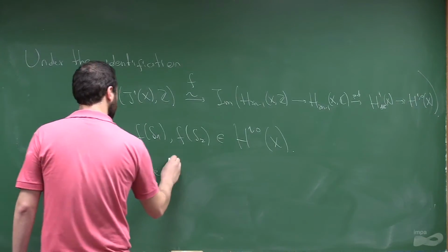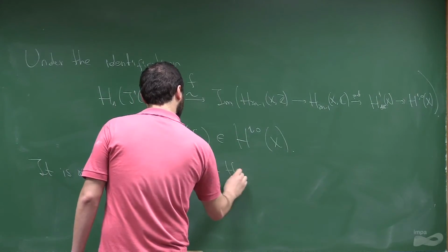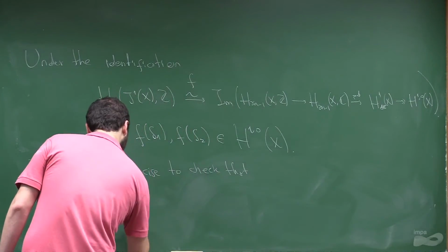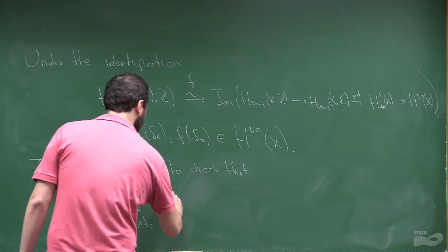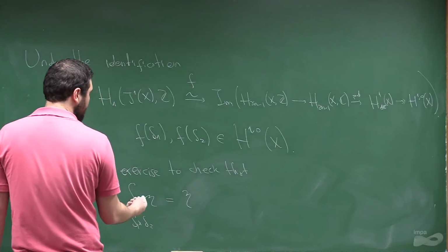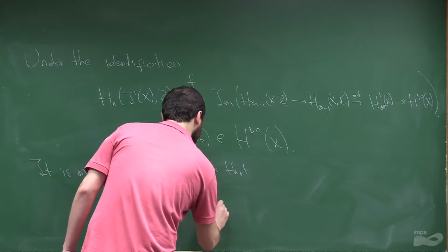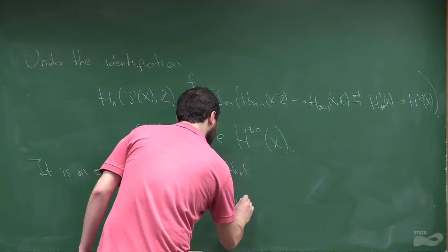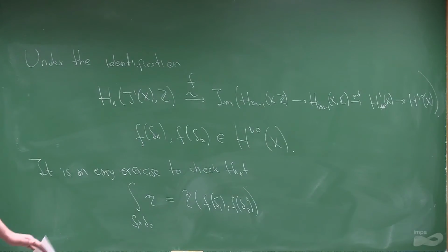To check that this integral over delta 1 times delta 2 of the 1-form will be equal to the form, but now as a bilinear map applied to f of delta 1 and f of delta 2. I mean, this is something that you can prove is very simple.